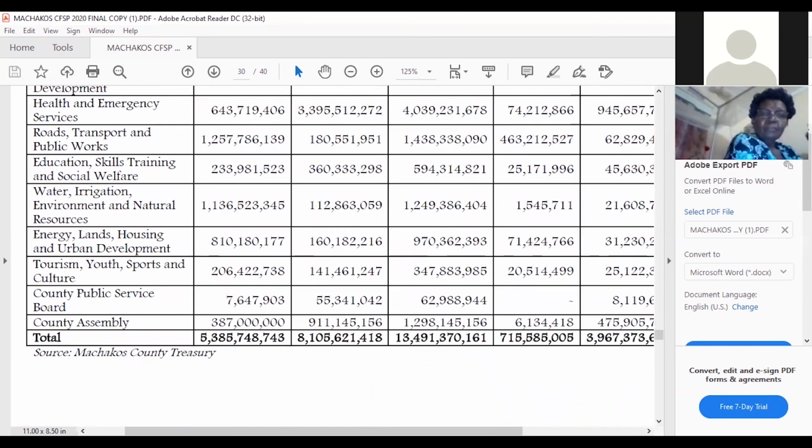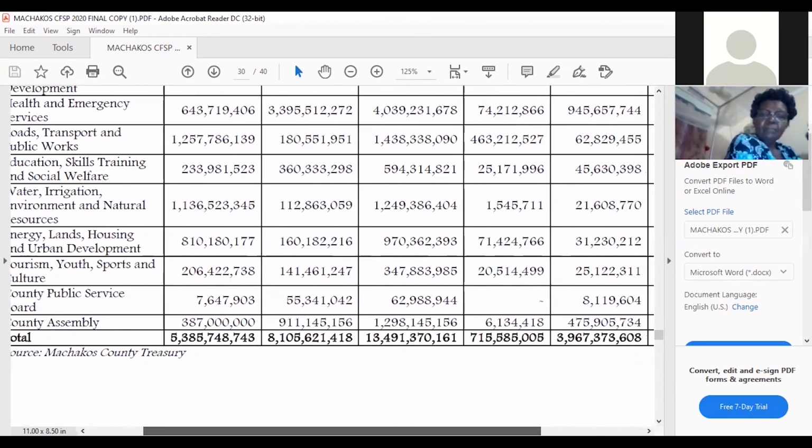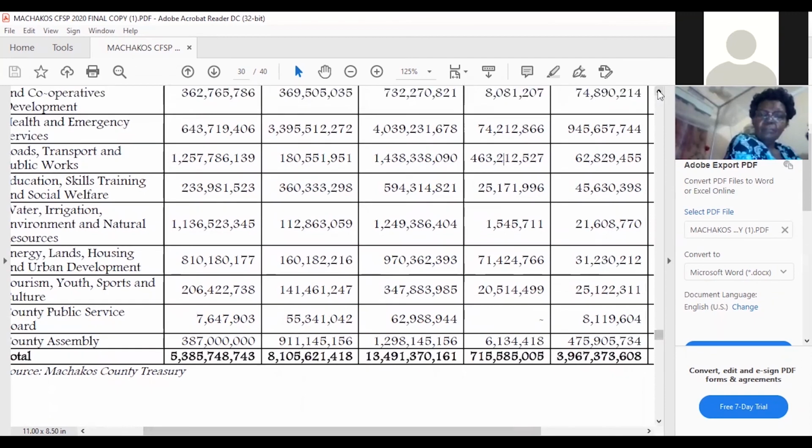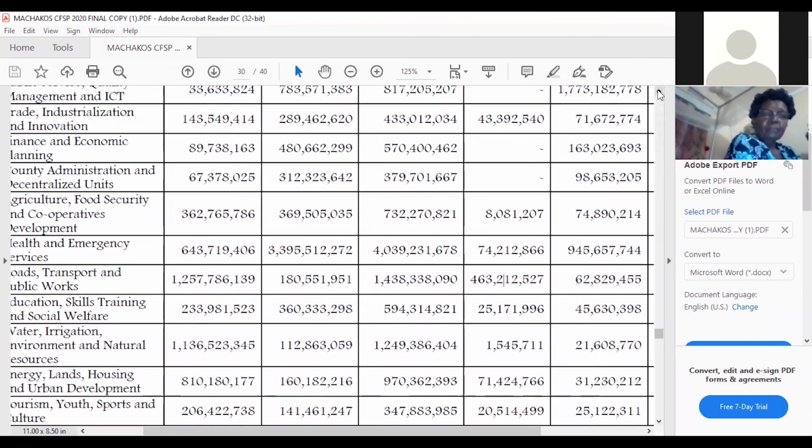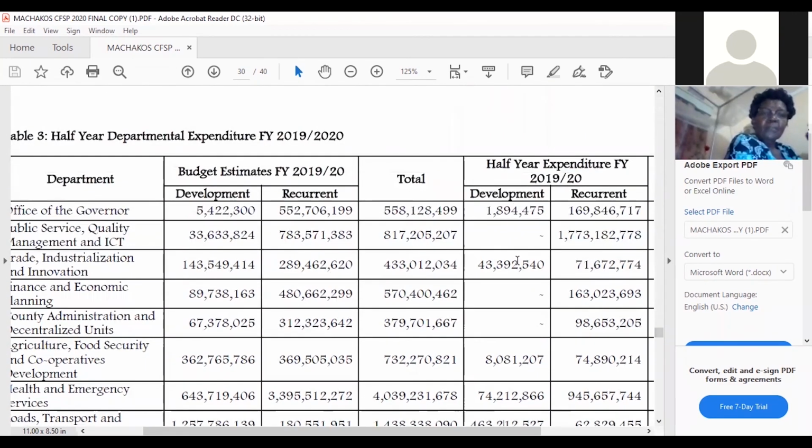But that is the amount that they had stated. If we look here, this is the half-year development expenditure, okay? This is the half-year expense, and this is development, and this is recurrent.